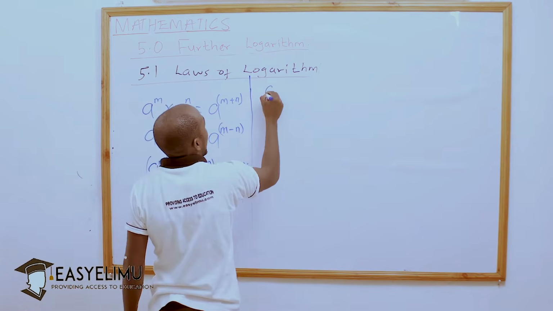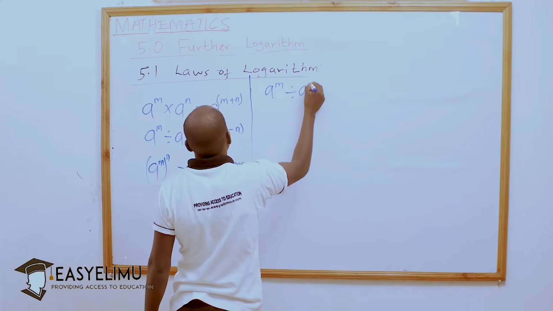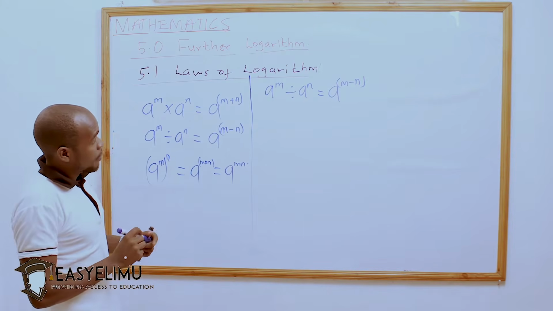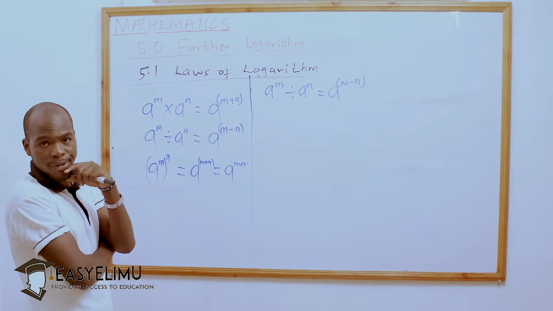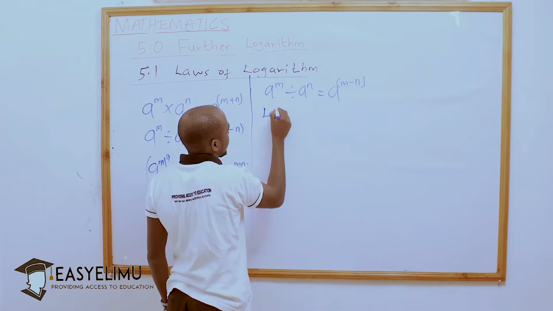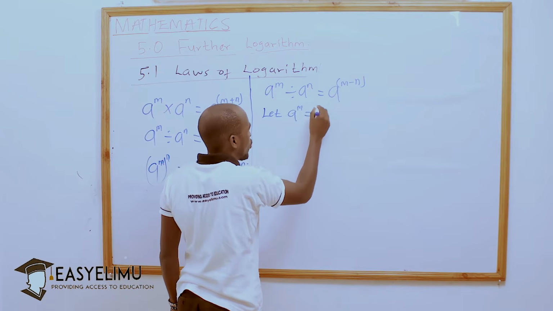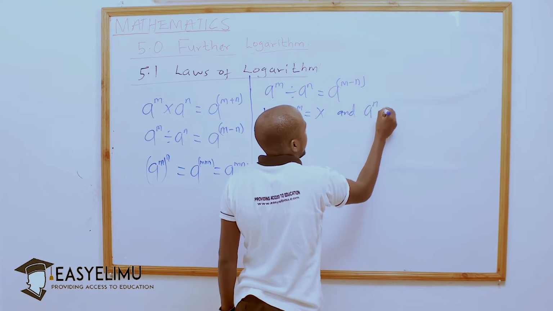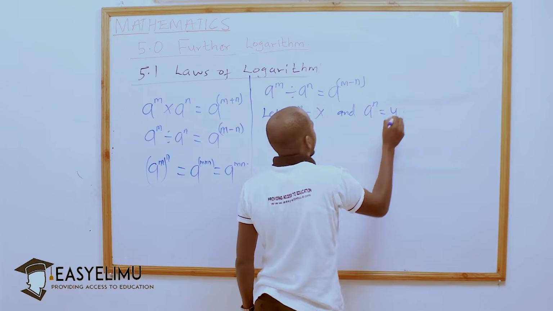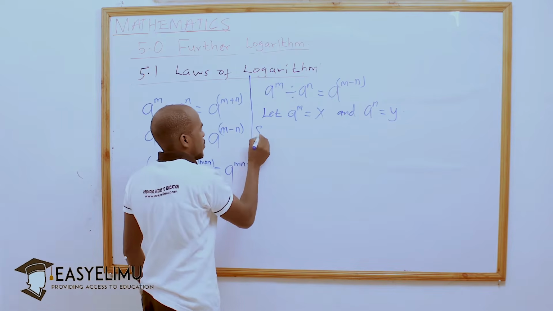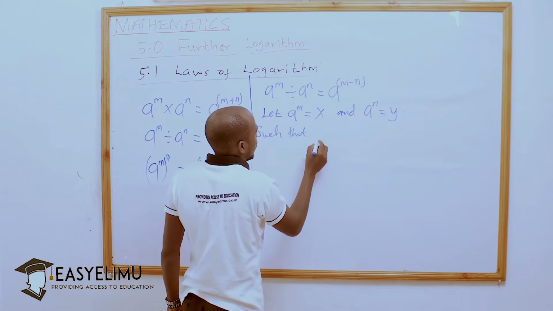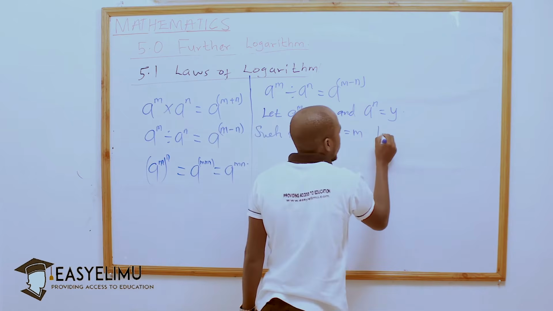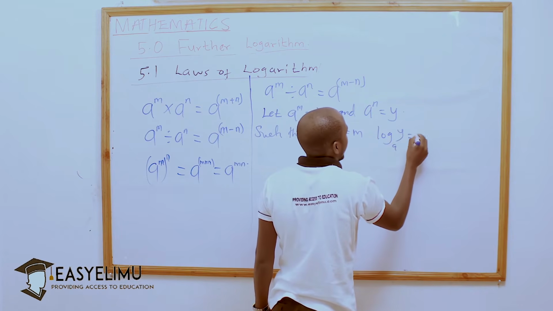In case of division, whereby we have a^m divided by a^n equals a^(m-n), from there we shall form some equations and say, let a^m be equal to x still, and a^n be equal to y, such that log of x to the base of a will give you m, and log of y to the base of a will give you n.